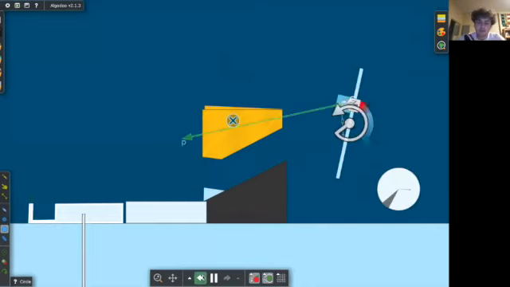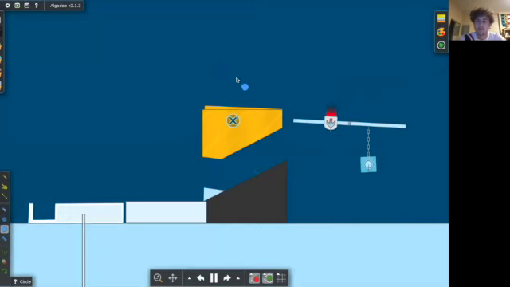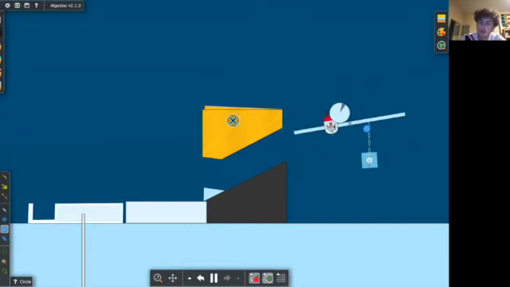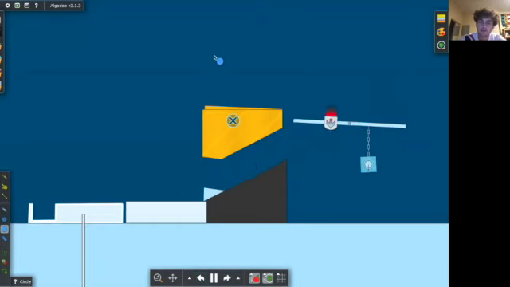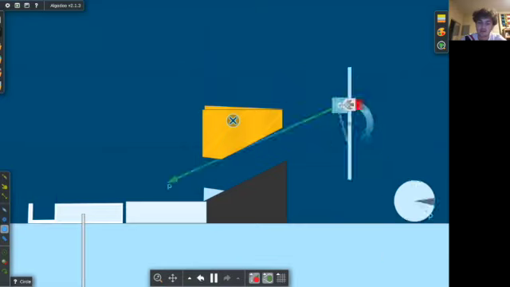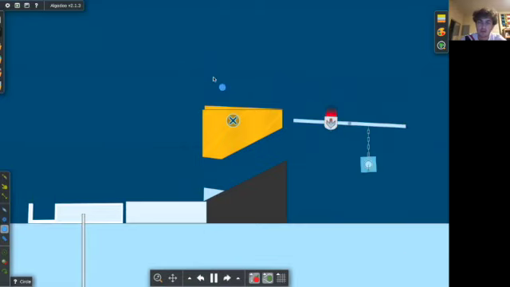Now, the name of the game really is balancing the momentum the ball has when it falls on top of the axle, and the amount of torque it's applying. Because if the ball enters with too much momentum, as you see here, the ball will just roll right off the other side.